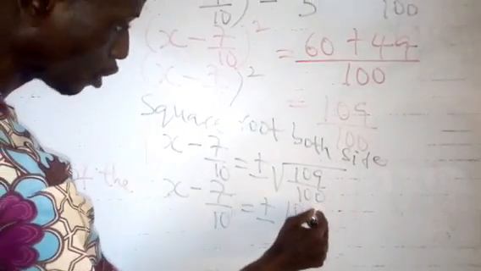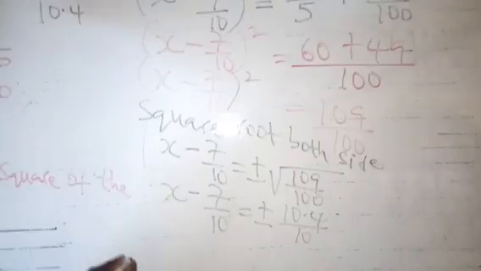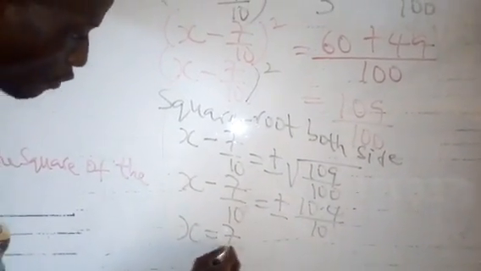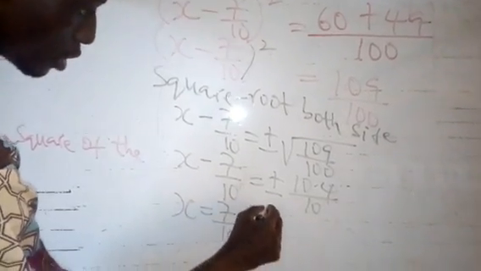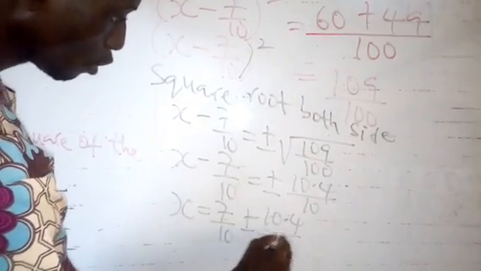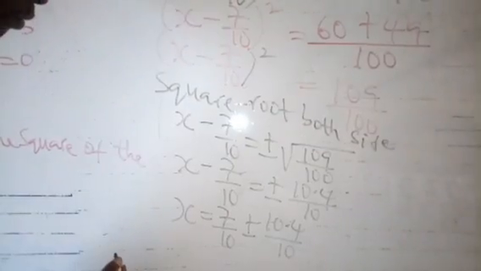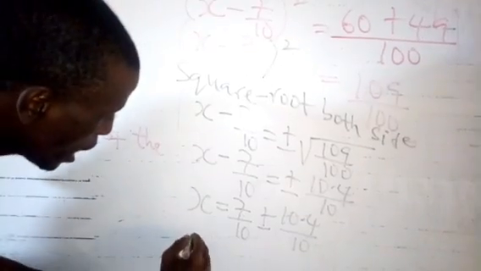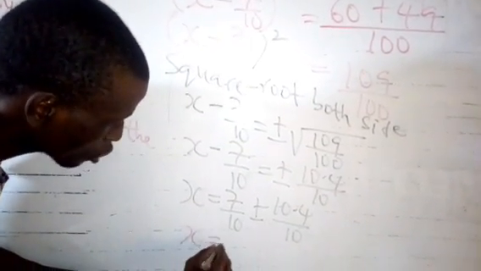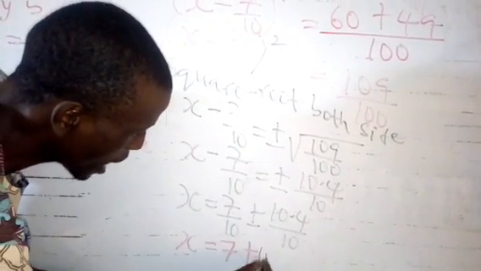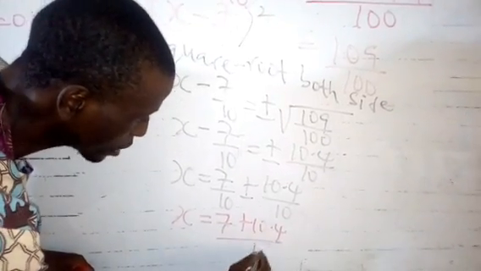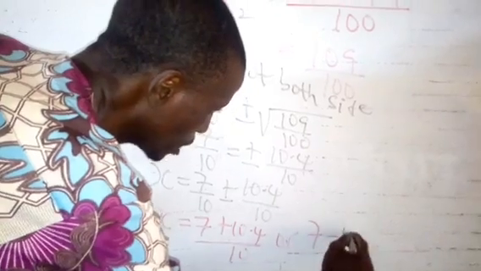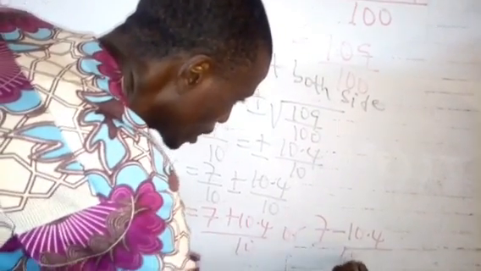That's 10.4 over 10. Now x will be 7 over 10 plus or minus 10.4 over 10. Now we have x equals 7 plus 10.4 over 10, or 7 minus 10.4 over 10.